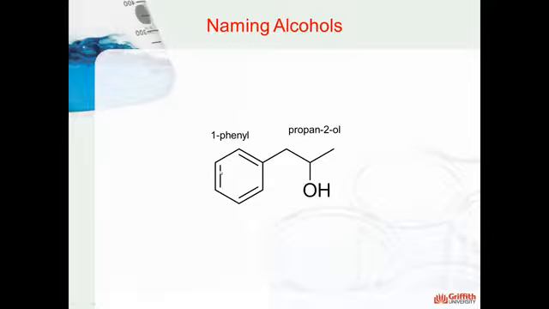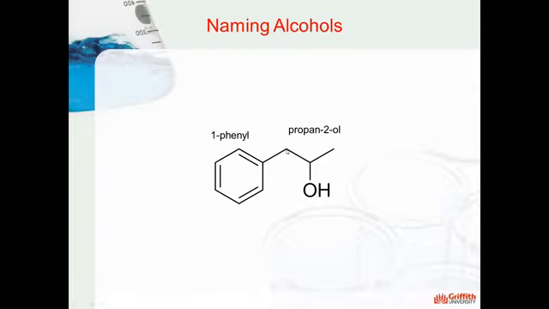And now we have this benzene ring being named as a side group. When the benzene ring is named as a side group, it's called a phenyl. So not to get confused with phenol: phenol is the benzene with an OH group attached to it. Phenyl is when the benzene ring is the side chain.